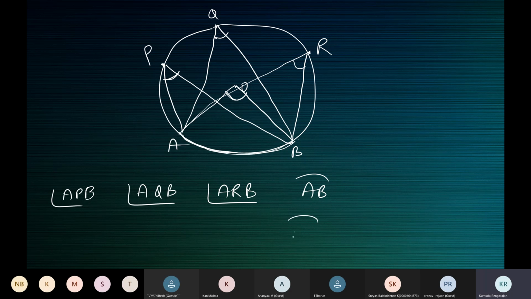While this arc AB, this minor arc AB, makes angle AOB at the center, the same arc AB makes angles APB, AQB, ARB at three different points on the remaining part of the circle.